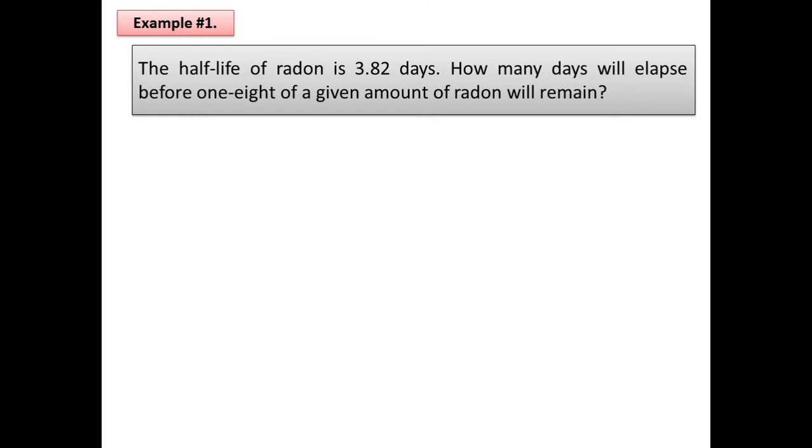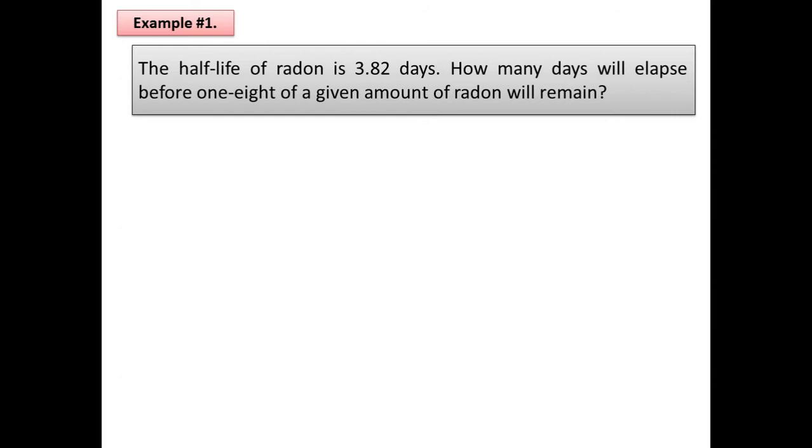So for example, if you have one amount of the radon, ilang araw yung dapat na hintayin natin para yung matira na lang doon sa one whole na yon is 1/8.